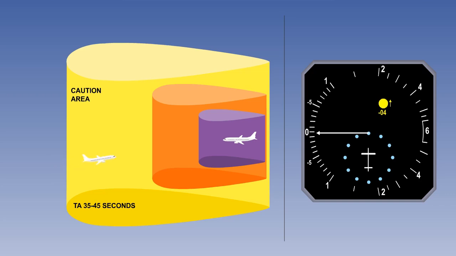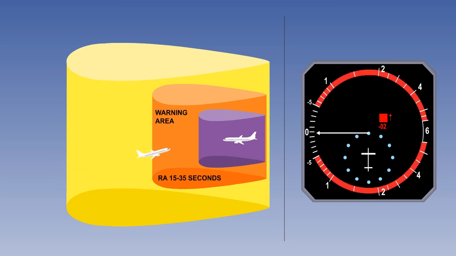Traffic. If the aeroplane continues on this track and enters the second bubble, then a resolution advisory is generated. The symbol changes from an amber circle to a red square, and either a preventative advisory or a corrective advisory is issued in the vertical plane, instructing you to climb or descend.